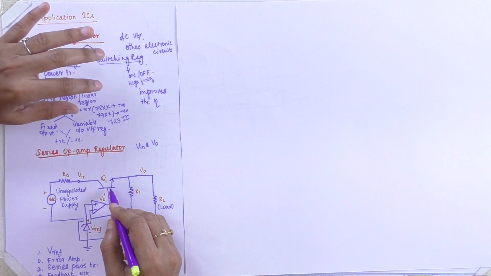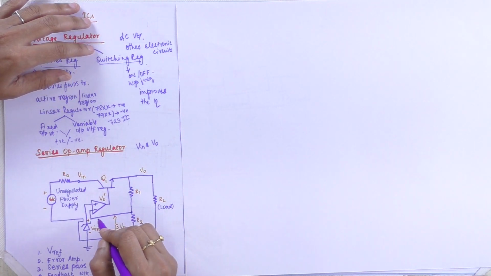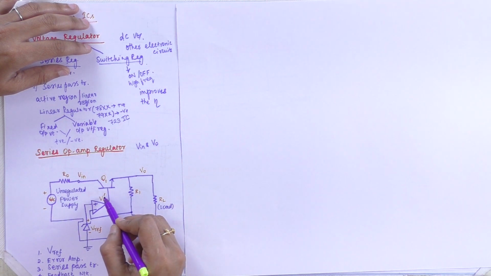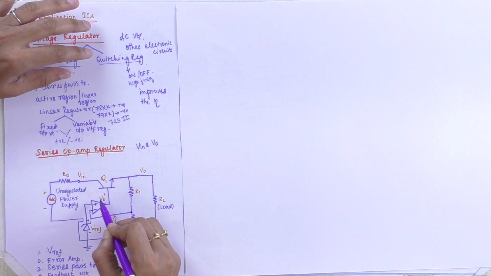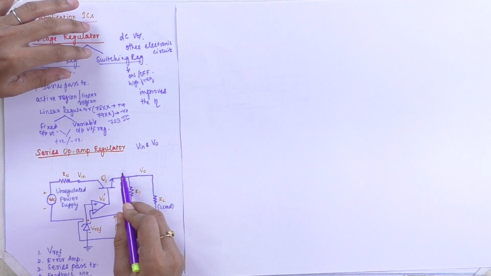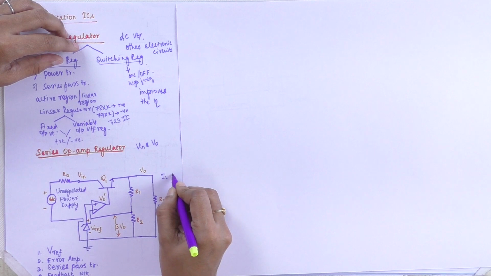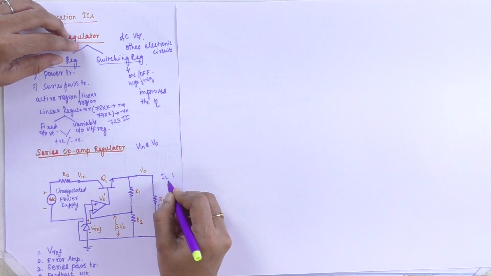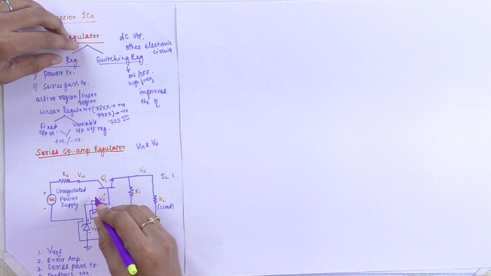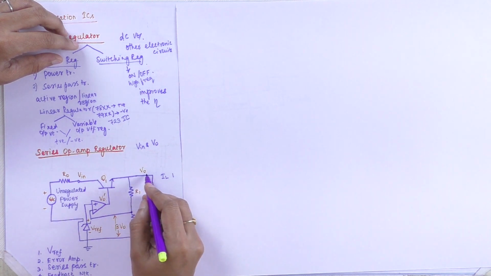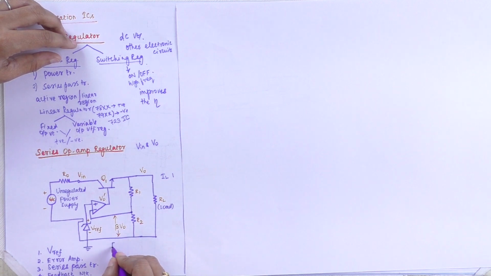The output of the error amplifier which drives the transistor Q1 causes a change in the load current, so this load current IL gets changed. Since V0 dash is connected to the base and drives the transistor, we can call it an emitter follower circuit.